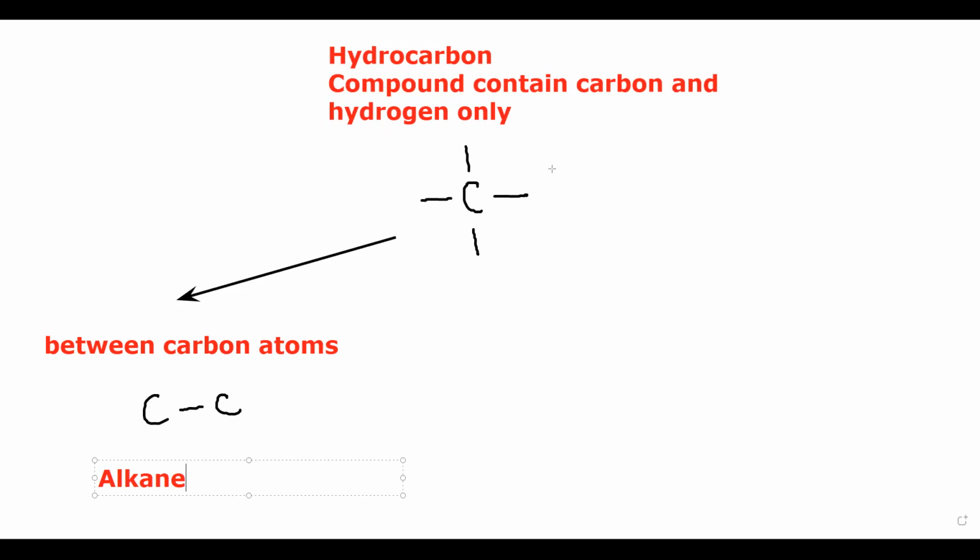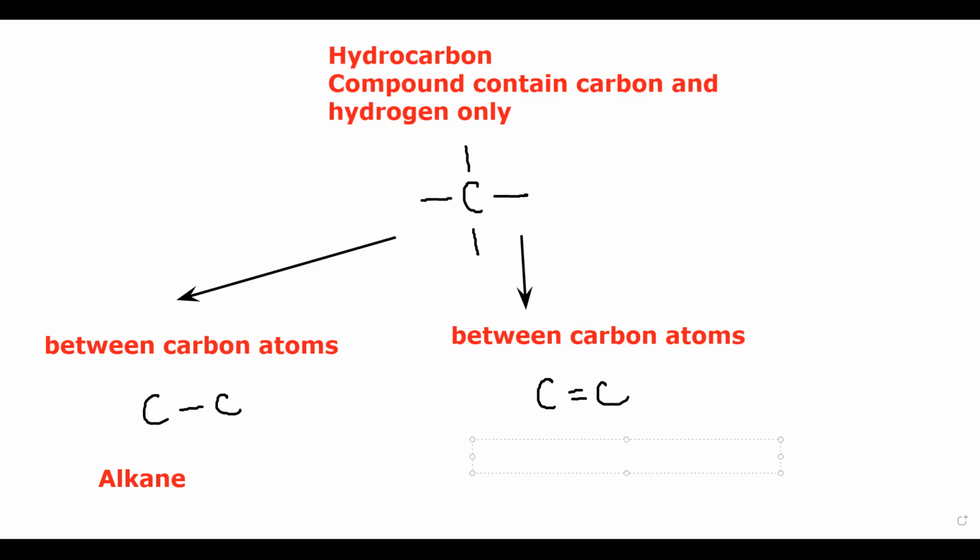But what is another possibility? Between the two carbon atoms the compound might contain a carbon-carbon double bond. If the compound contains a carbon-carbon double bond, we call that alkene. This is the name given to a hydrocarbon which contains a carbon-carbon double bond.